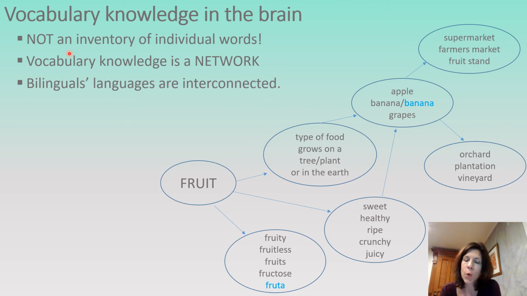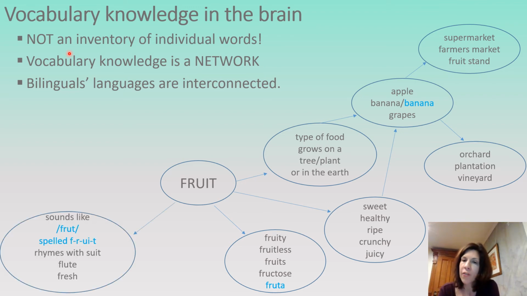Okay, so if you hear the word fruit, you may also think of fruity and fruitless and fruits and fructose. Okay, and a Spanish speaker might make the connection to the cognate fruta or fruto. And so those morphological connections, that recognition of the root word fruit, is definitely part of your lexical representation.